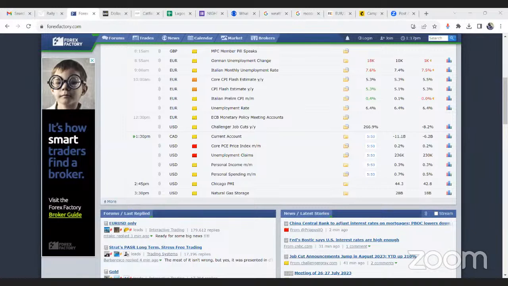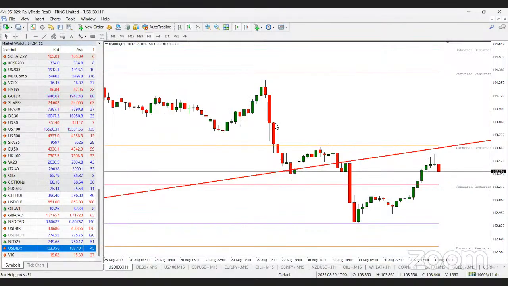Now, I have said that when it comes to unemployment, we analyze it a bit differently from other data. If there is an increase in unemployment, then there will likely be a weakness in the dollar. If the unemployment claims data comes out higher than expected, the dollar will likely weaken.